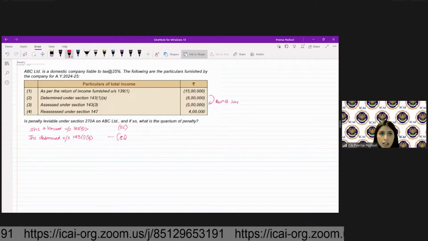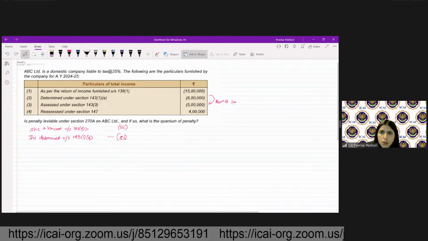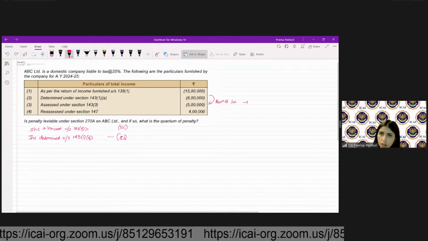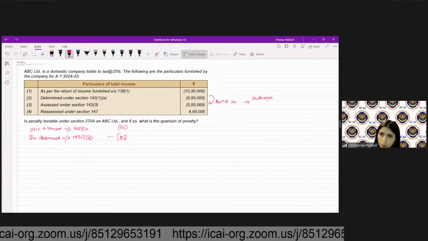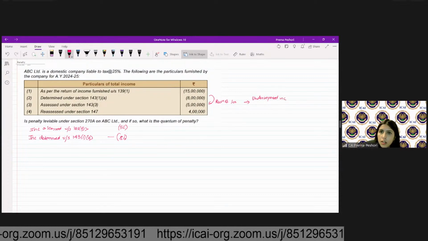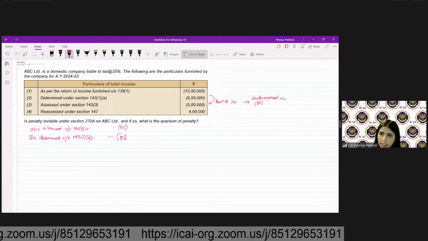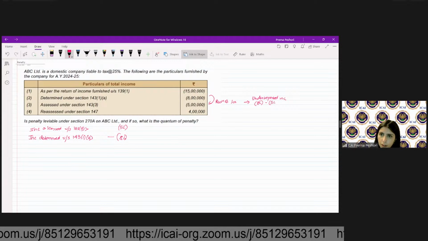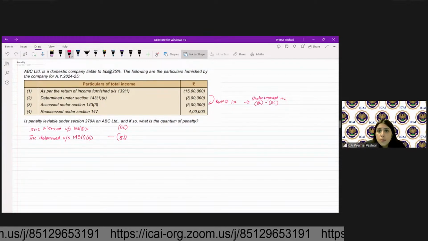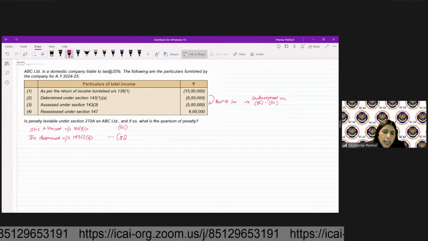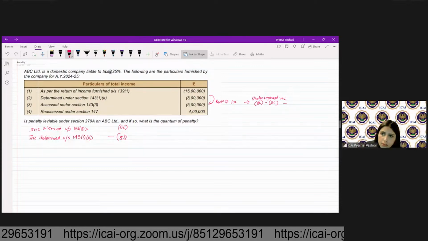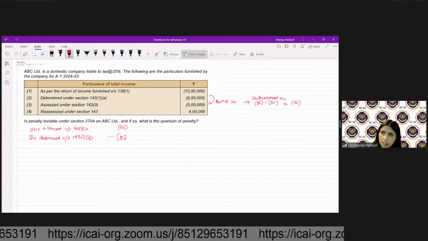So basically, underreported income shall be minus 8 lakh minus 5 lakh, which is minus minus becoming plus, basic mathematics. So 8 plus 5 is negative 3 lakh.